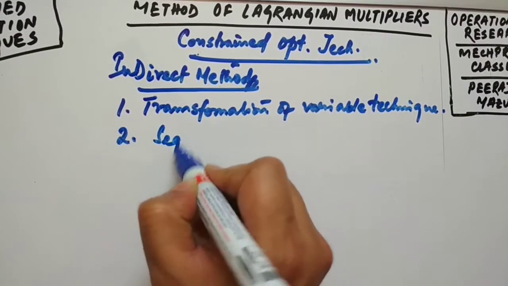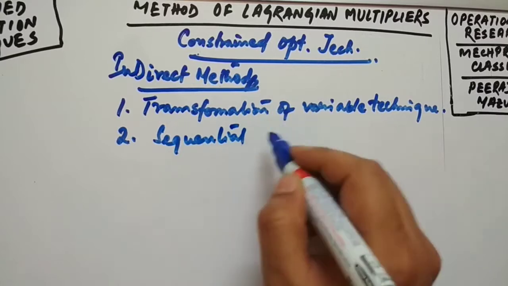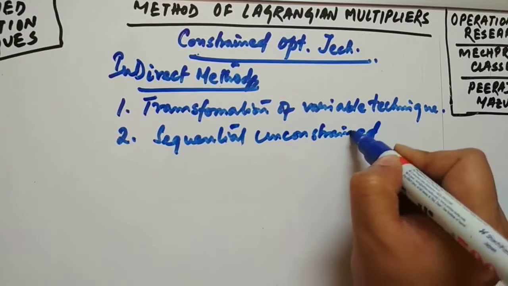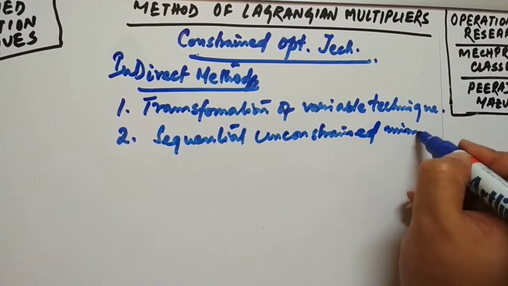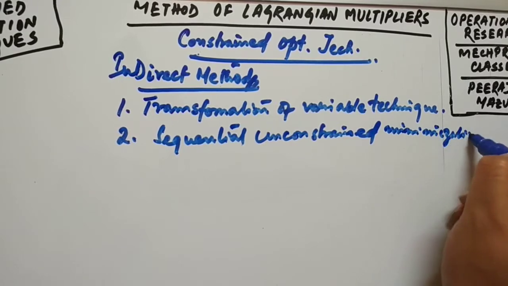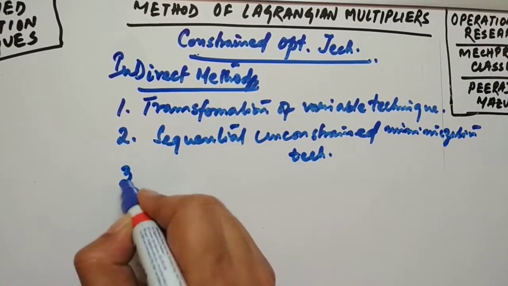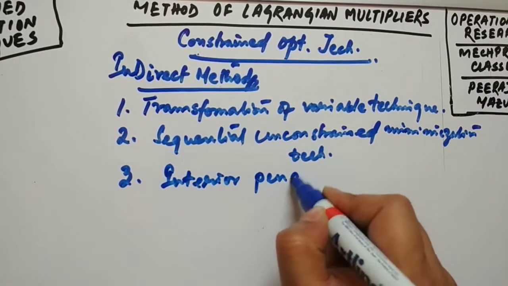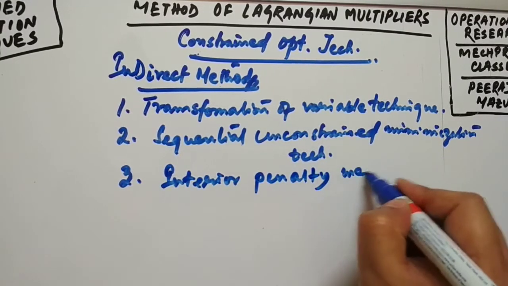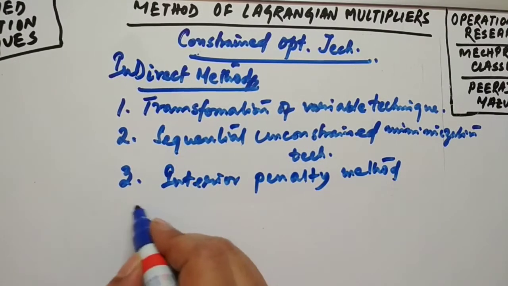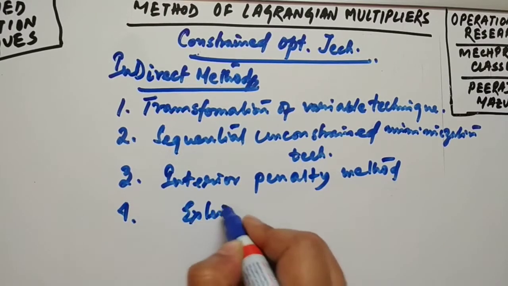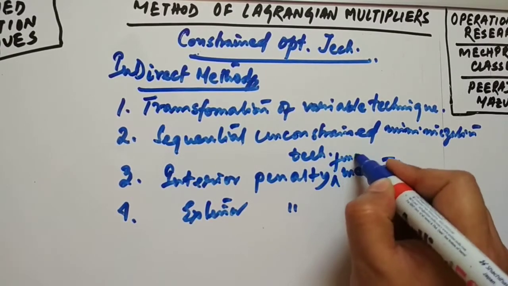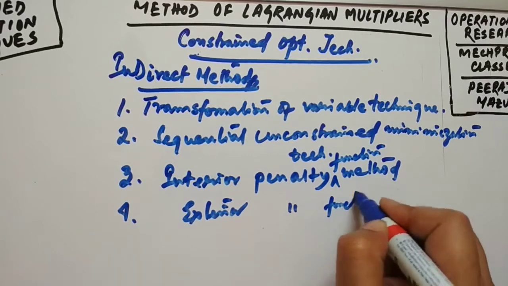Next comes the sequential unconstrained minimization technique. Third, you can say the interior penalty function method. And next you can say the exterior penalty function method.